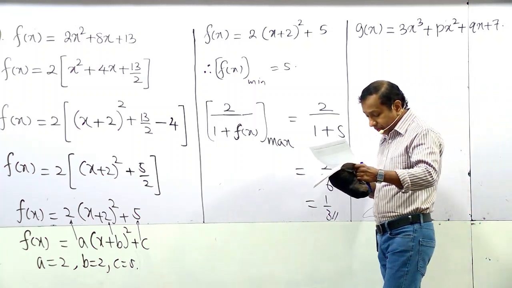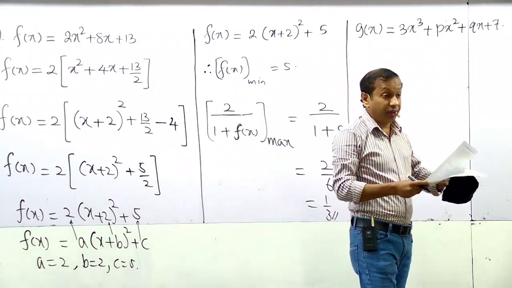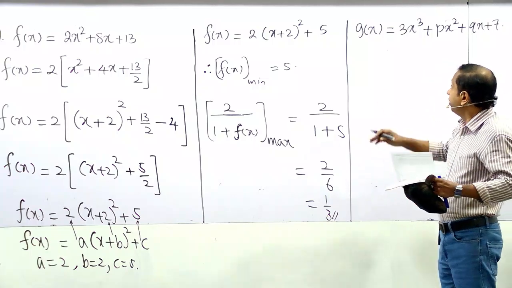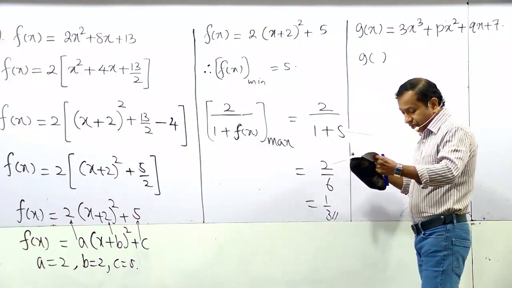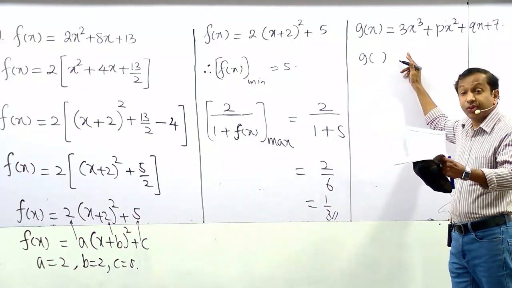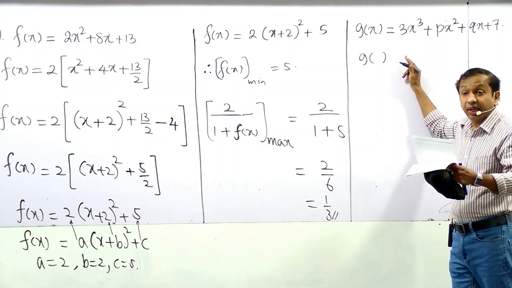It is given that the remainder when g(x) is divided by x plus 1 is minus 9. Right? This g(x) is divided by x plus 1. The remainder is minus 9.